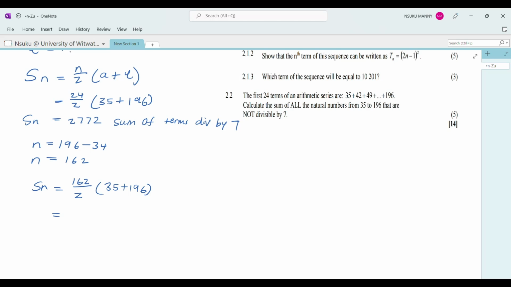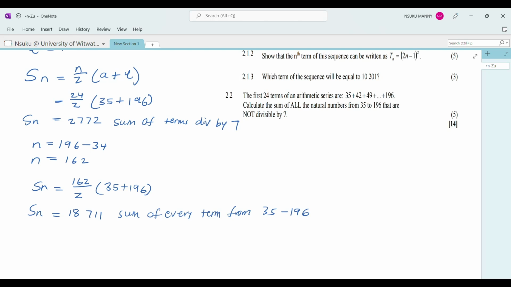We get 18,711. So this is the sum of every term from 35 to 196.